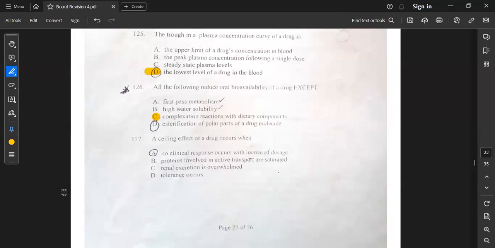But in the ester, we do not have the hydrogen. So maybe it's less soluble or more lipophilic. I don't know if I'm making sense though. Yeah, you are.